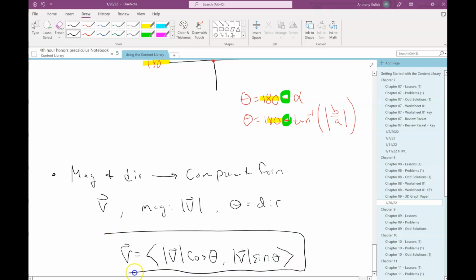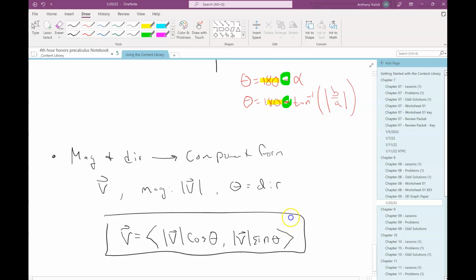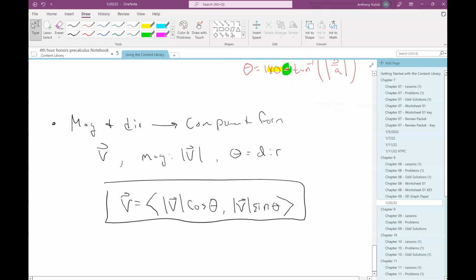So to put that into component form, magnitude times cosine theta, magnitude times sine theta. Does that look familiar?